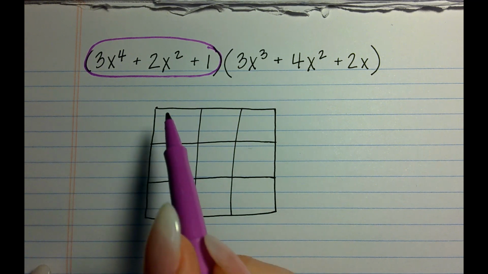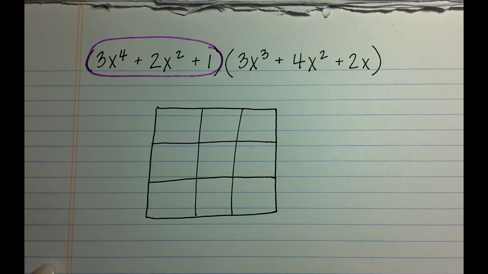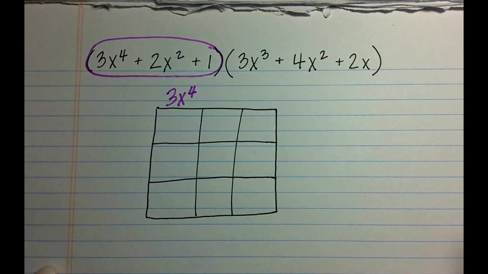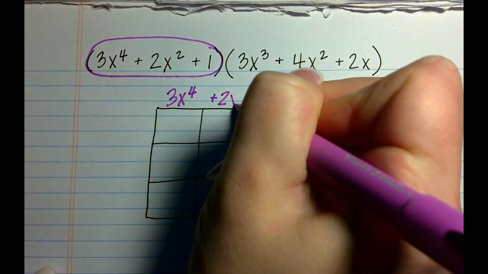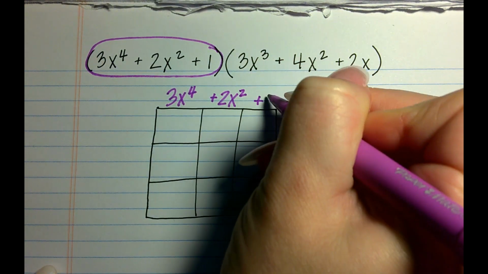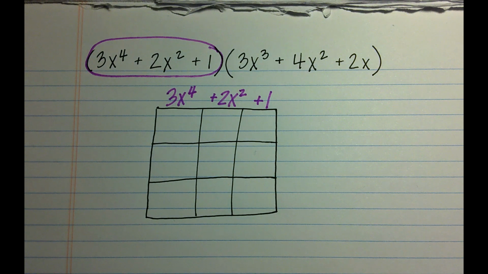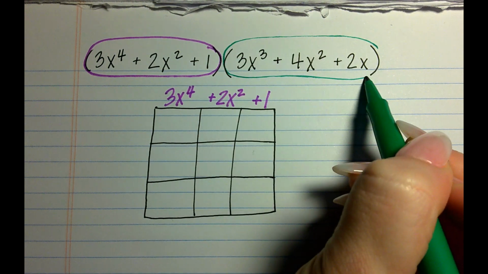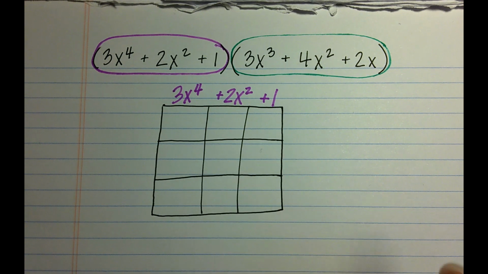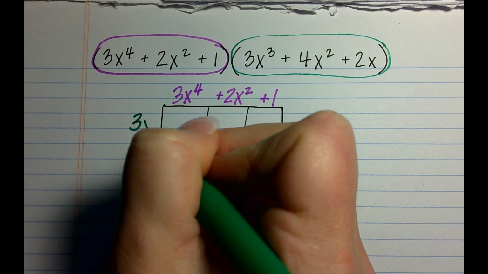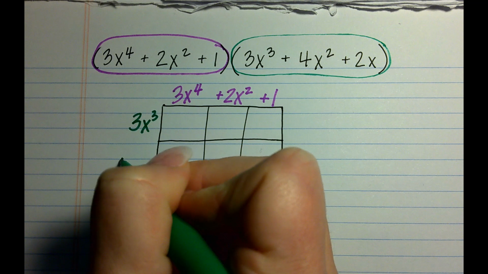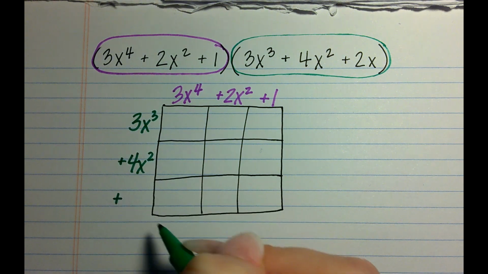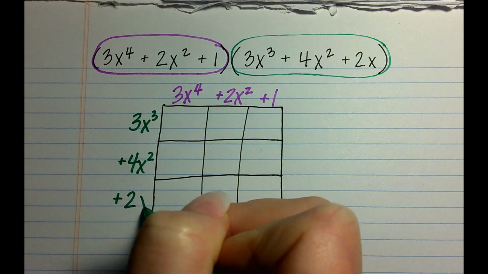What would I start writing on top of my bigger box? 3x to the 4th power, 2x squared, plus 1. Beautiful. Same thing as before, we just have more terms. And on the side, what do I write? 3x to the 3rd, 4x squared, plus 2x. Perfect.